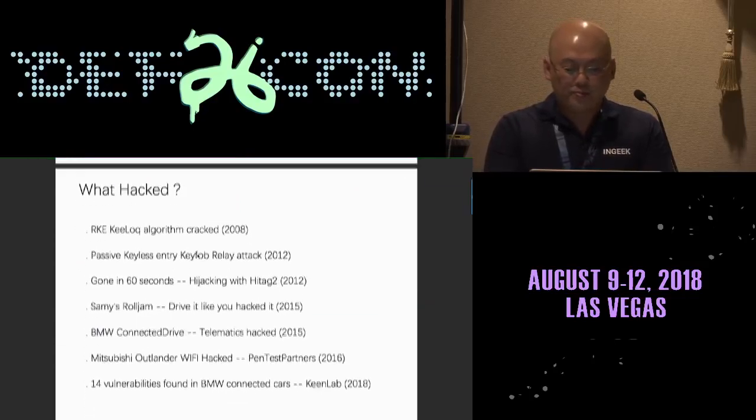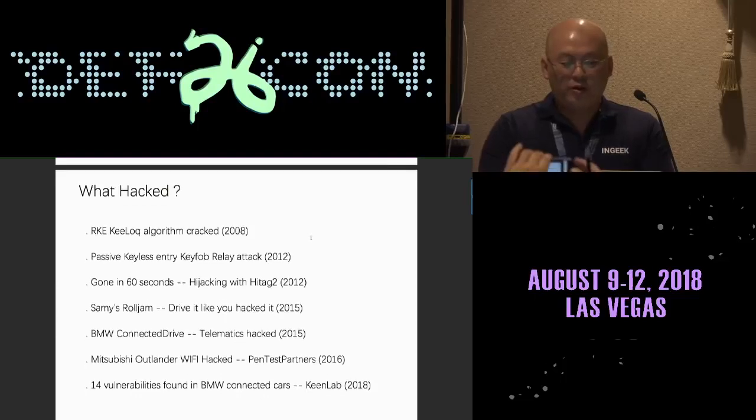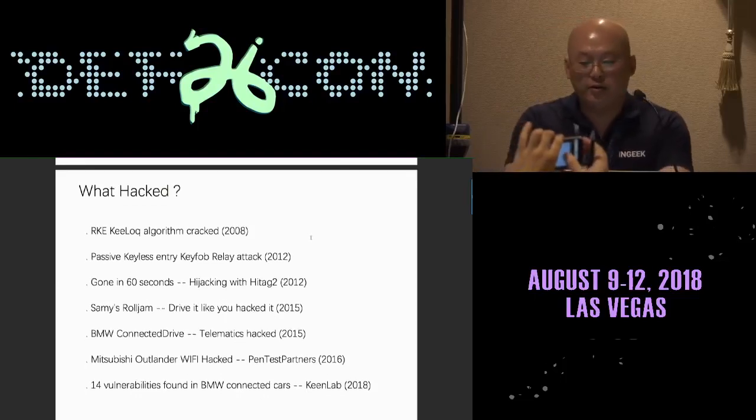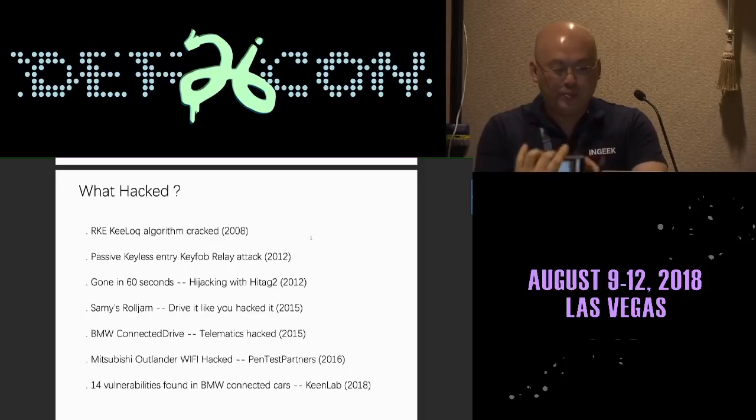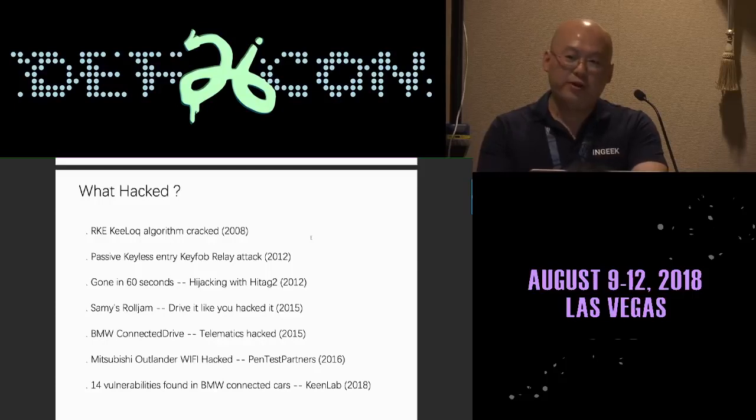And now, what has been done so far? For the past few years, we have looked at many different case studies dedicated to car key fob studies. So here I list some of them as an example.